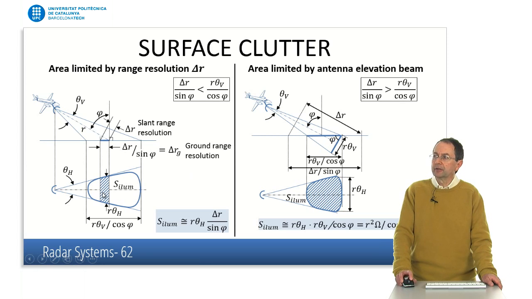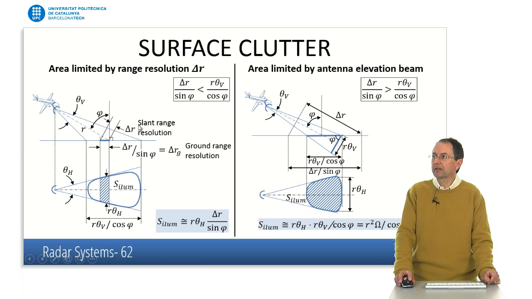In such a way, the radar is only sensitive to a portion of the illuminated beam projected on the surface. So this contour here corresponds to the antenna beam projected onto the surface. The antenna is not sensing the whole area at the same time because we have high range resolution, so we are only sensing a range resolution part of this area here.